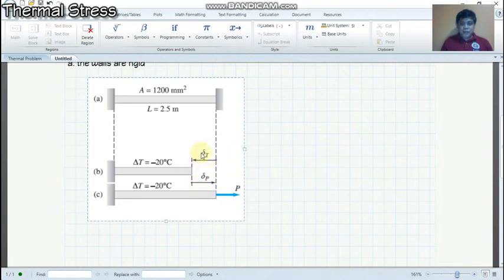Now this force will produce a tensile stress in the bar.